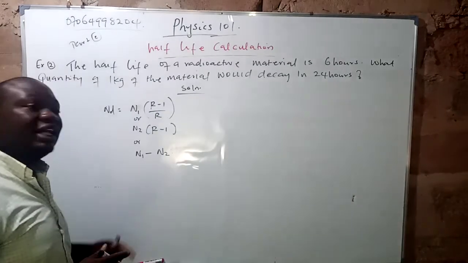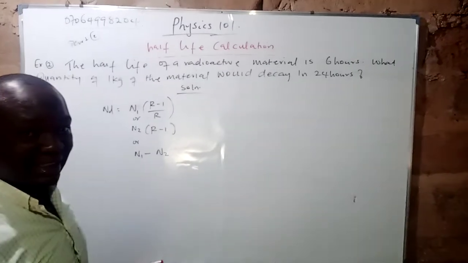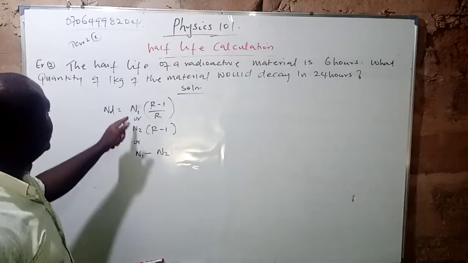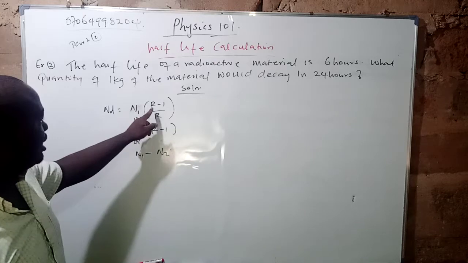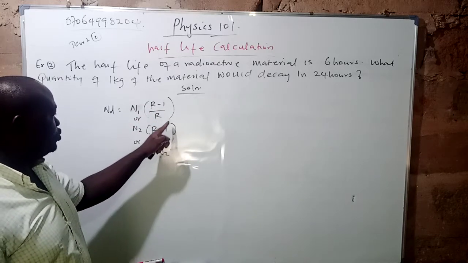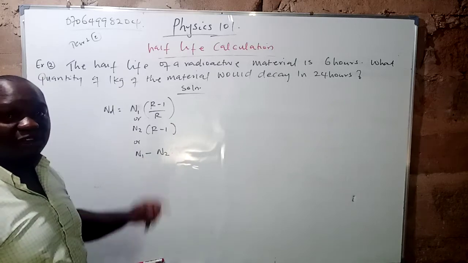They want you to calculate the number decayed, which is the ND. Remember, ND has three formulas. It's either N1 into bracket R minus 1 all over R, or N2 into R minus 1, or any of these formulas.